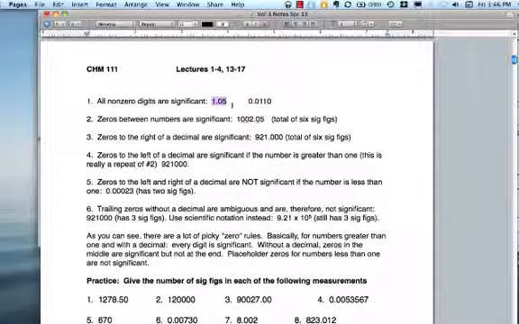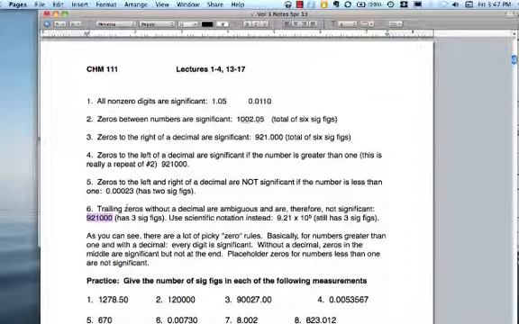Without a decimal, zeros in the middle are significant but not at the end. So an example of that, let's see, numbers without a decimal. Here, zeros at the end are not significant. There is no decimal, so this only has 3 significant figures. Let's see if I can find one with zeros in the middle.